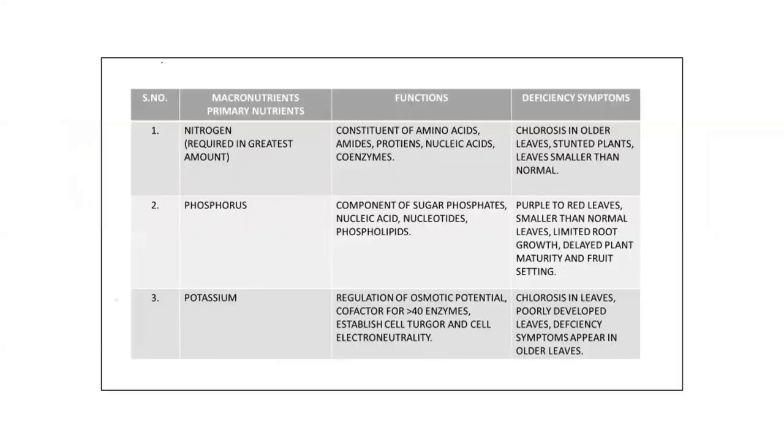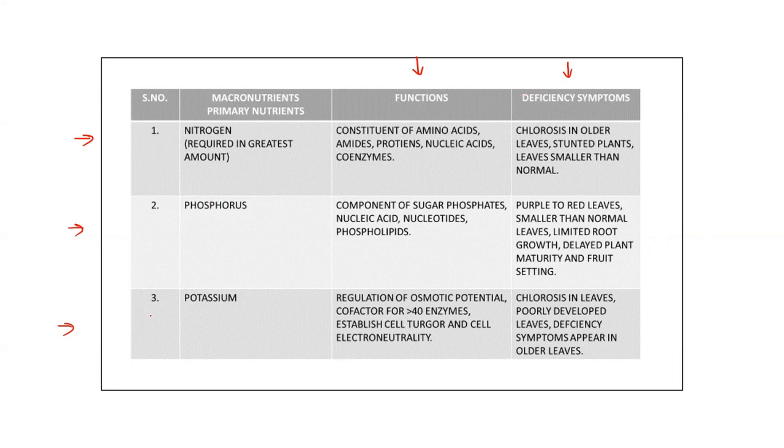Then let us talk about the macronutrients and the micronutrients. The macronutrients are three. I've told you that one is nitrogen, the second one is phosphorus, and the third one is potassium. So nitrogen, what is the function of nitrogen inside the plant, and what are the deficiency symptoms that will appear on the plant if the plant is supplied with less of the macronutrients?